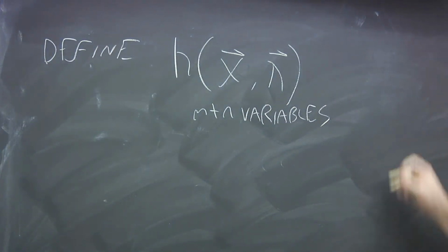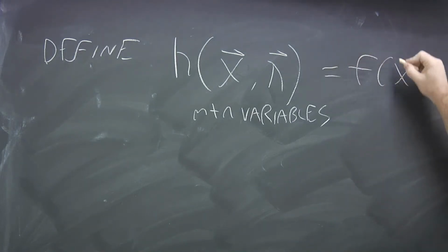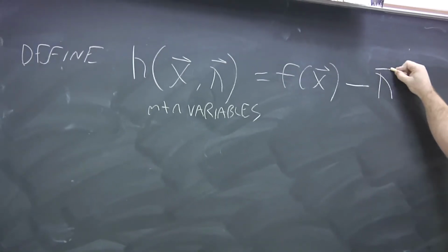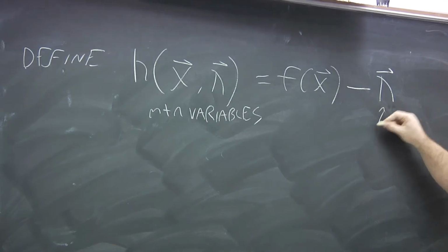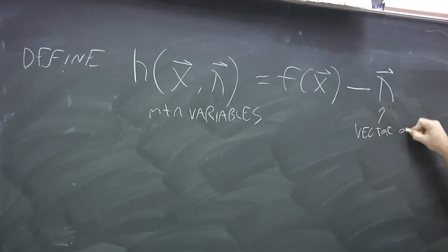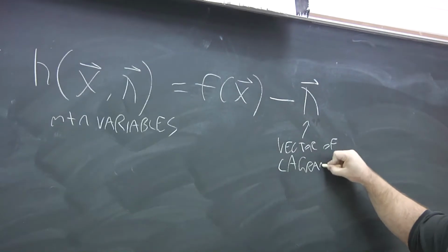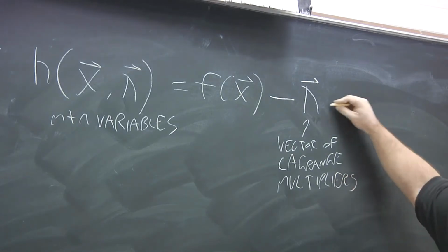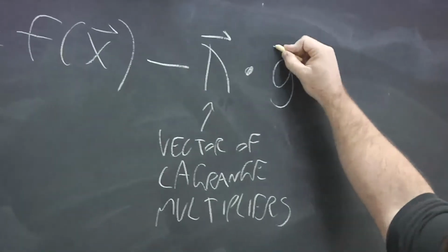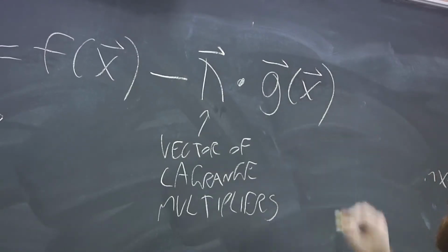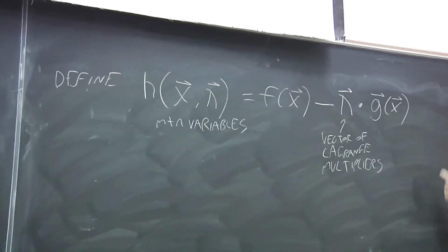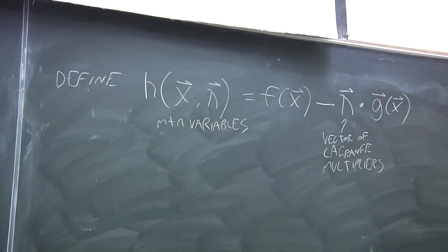And the way we define this function, it's going to be equal to f, and then we'll subtract from it a vector lambda, a vector of Lagrange multipliers, dot product with g. Okay. So finding a max or min of f subject to the constraints of g is the same as just finding the unconstrained max-min of this function.